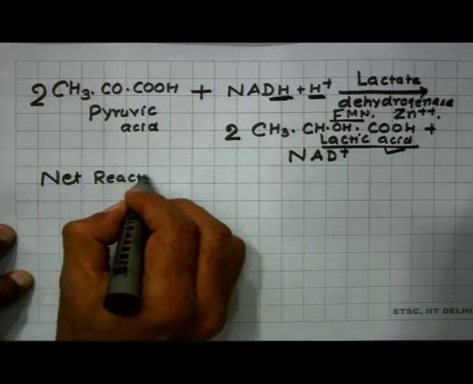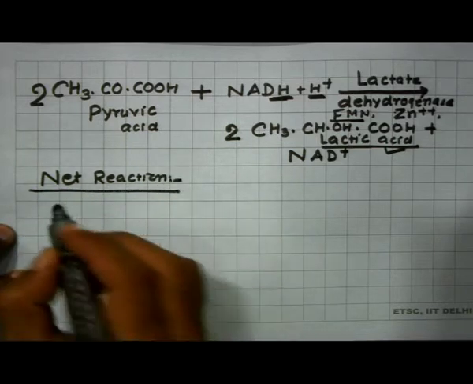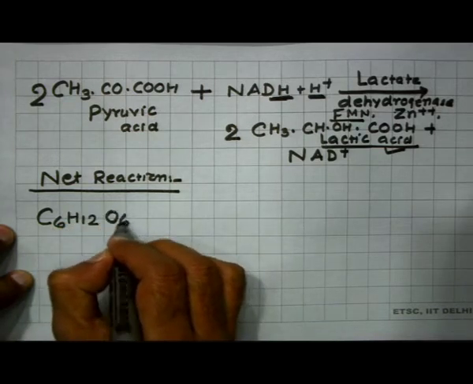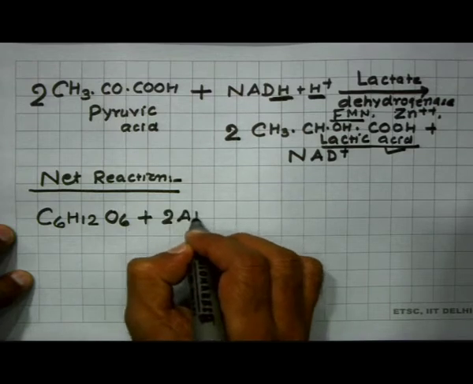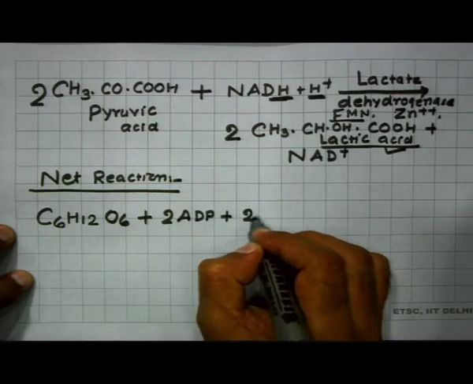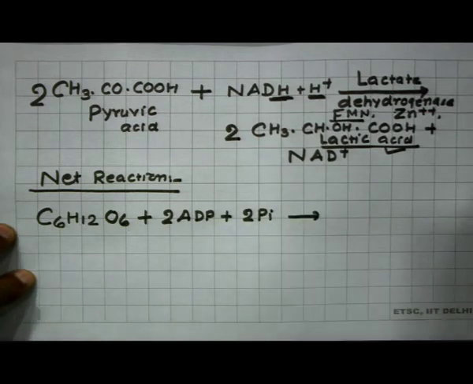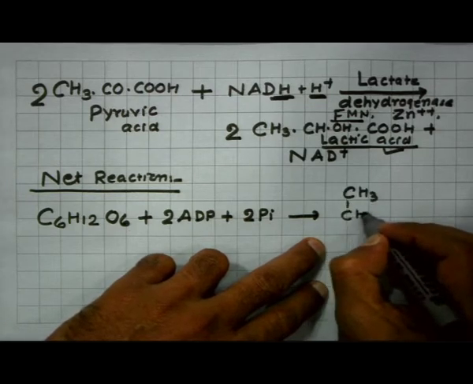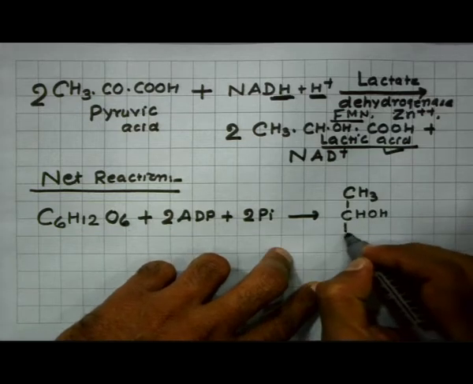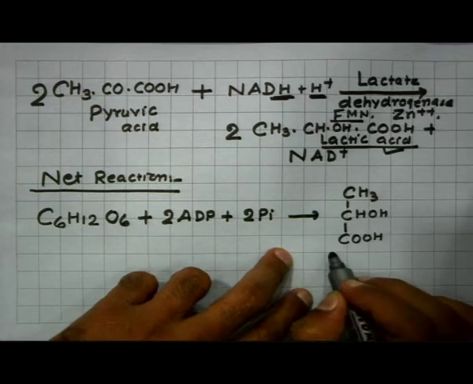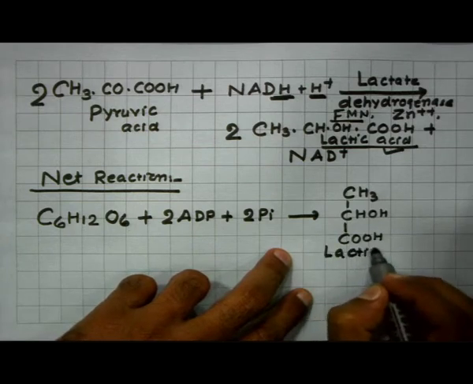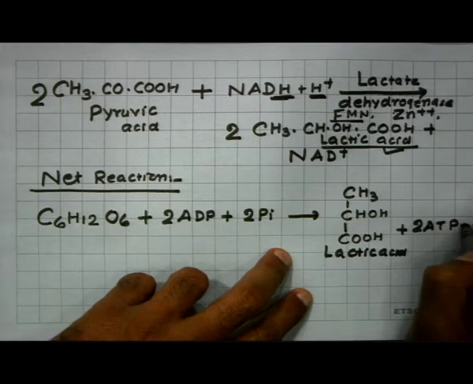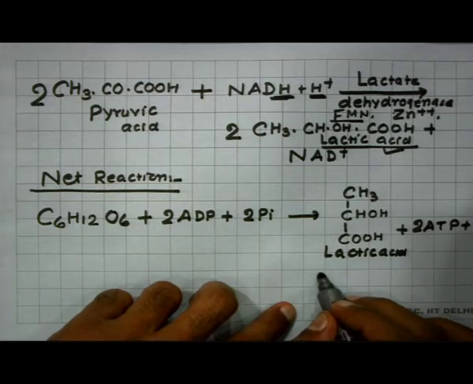The net reaction of lactate fermentation, starting from glucose C6H12O6, uses 2 ADP plus 2 Pi and is converted into CH3CHOHCOOH, that is lactic acid, plus 2 ATP and twice H2O.